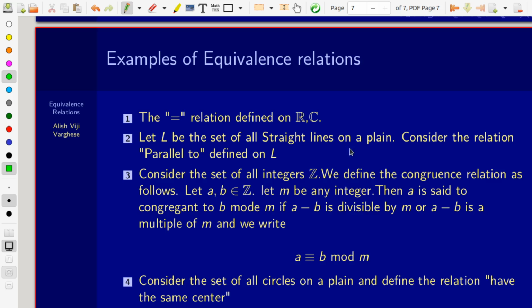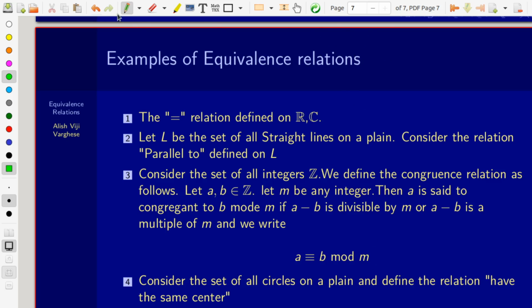The important thing which we have to discuss about the congruence relation is the equivalence classes generated by A is congruent to B mod M. So what's the nature of the equivalence classes generated by such a relation?